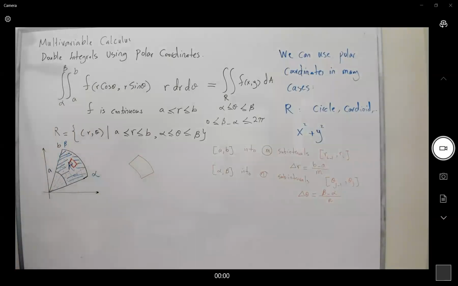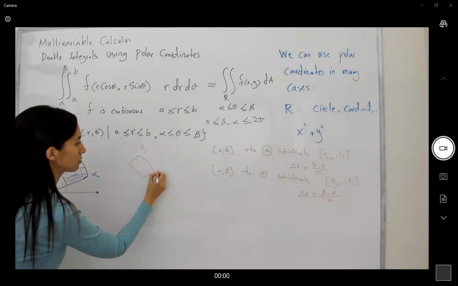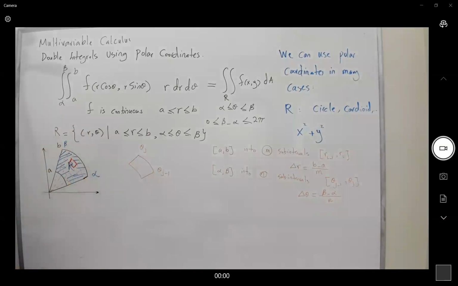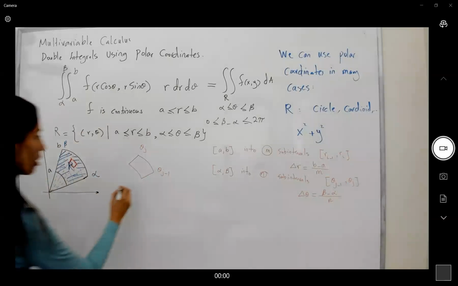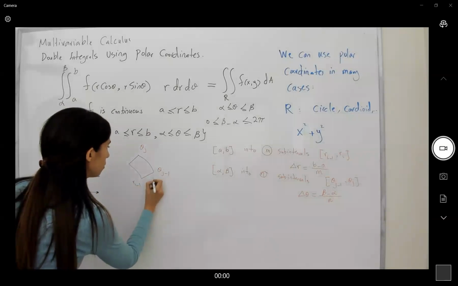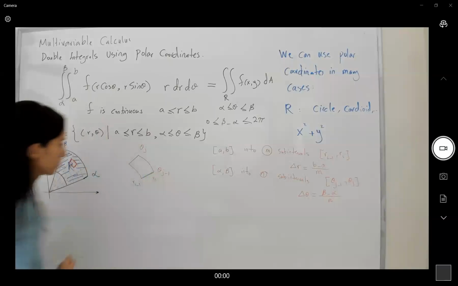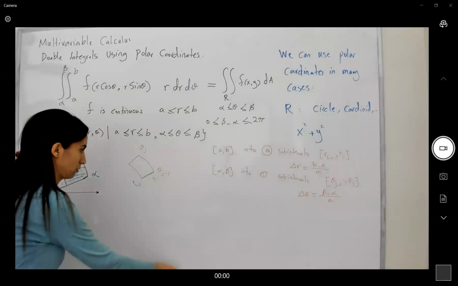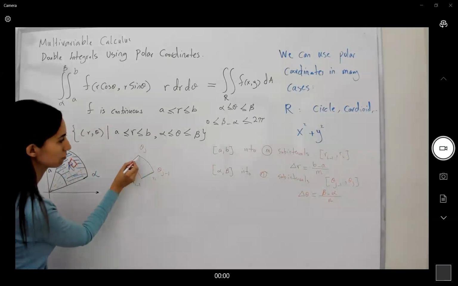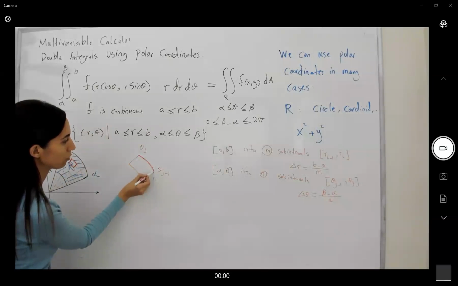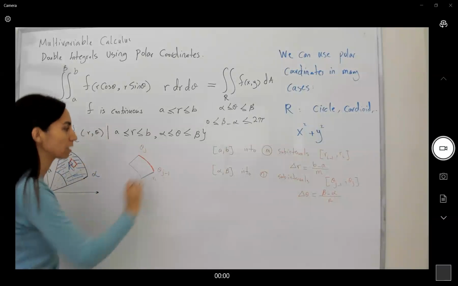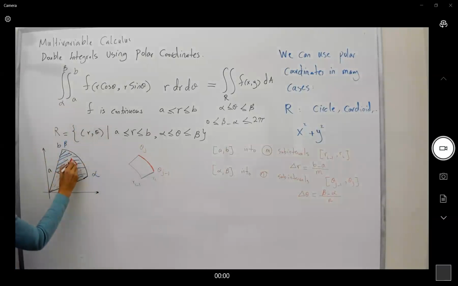Here you have theta j and theta j minus 1, and here we have r i minus 1 to r i. So what is our goal? Our goal is to calculate this little area here.